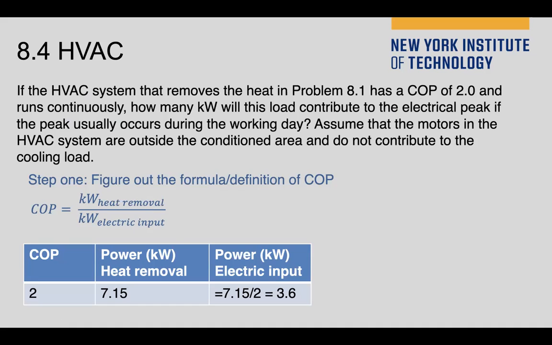Remember, COP has the same unit, no matter whether it represents thermal power, heat or cold, and the electrical power is also kilowatt or watt, the same unit. So COP has no unit. I have 2 here, and the heat removal power, you can refer to 8.1, that is 7.15. Then we can easily obtain 3.6. Okay.